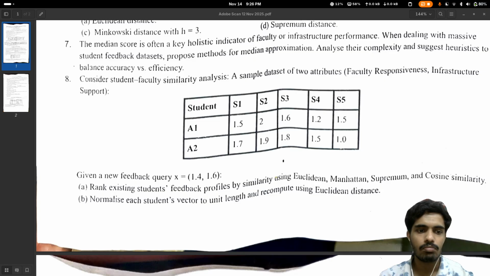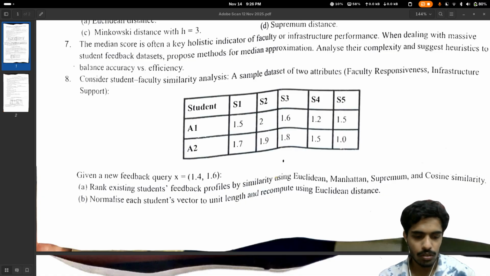What the question wants from us is to calculate and rank all these current students against the outer student using distance measures like Euclidean, Manhattan, supremum and cosine similarity. After that, normalize the student vectors and again compute the Euclidean distance, right?